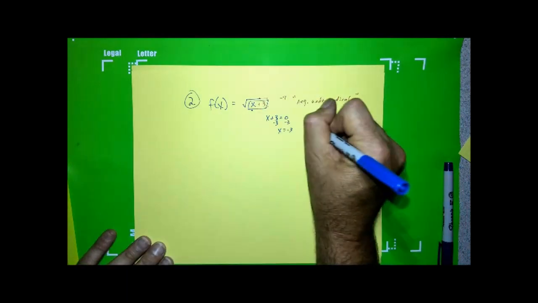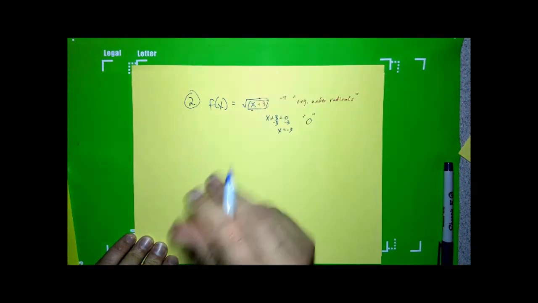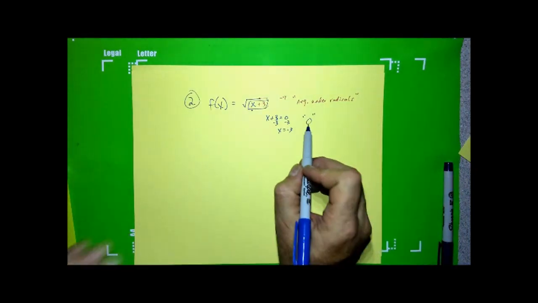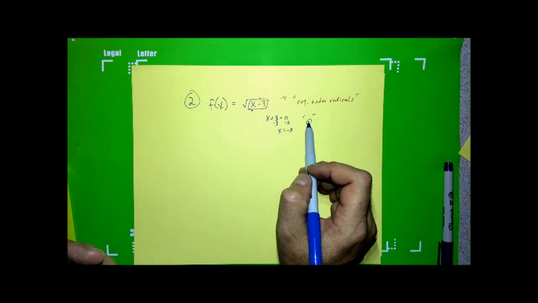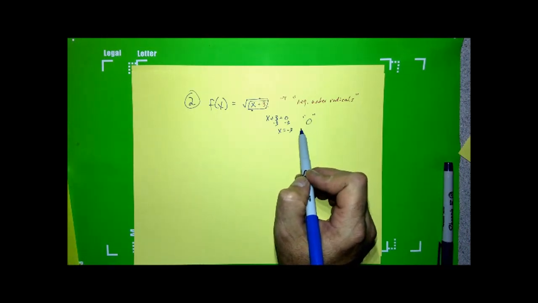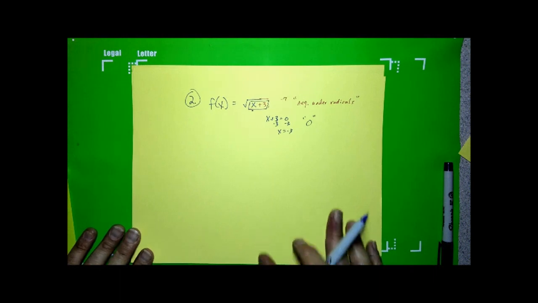But notice that 0, in this case, is the borderline. In other words, I can't allow anything less than the square root of 0. Even if it's -0.00001, that is going to evaluate as an unreal number. So I have to be careful there.